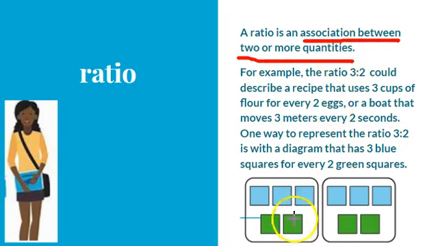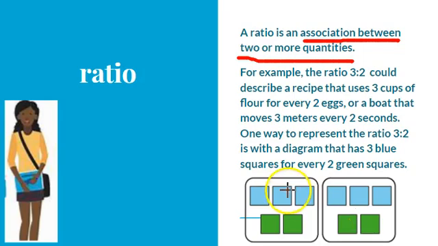So some examples here, we've got a 3 to 2 ratio. You could say that for every 3 cups of flour in a recipe, you need 2 eggs. Or a boat that moves 3 meters in 2 seconds. It's a fast moving boat. Actually, 3 meters? That's not that far. Anyway, these are 3 to 2 ratios.